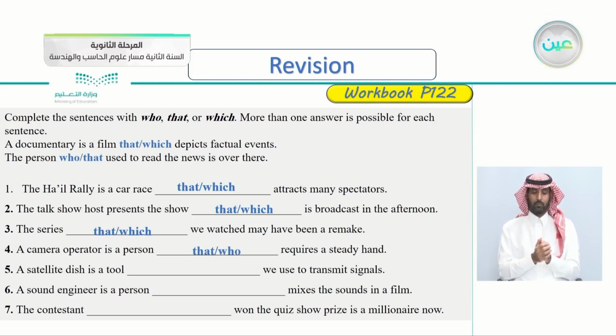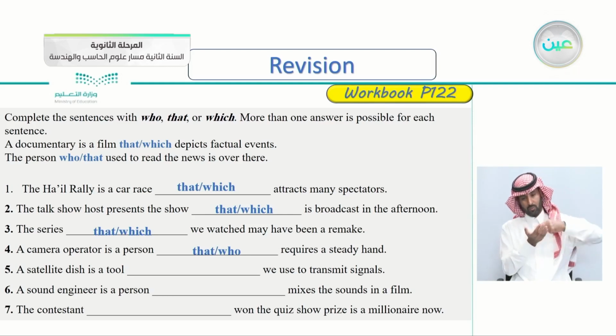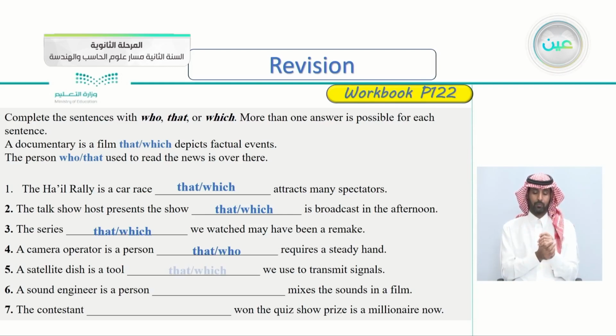Excellent. Number 5, a satellite dish is a tool we use to transmit signals. Again, a satellite dish, so we're talking about an object here. The satellite dish is a tool, yes, that or which we use to transmit signals.